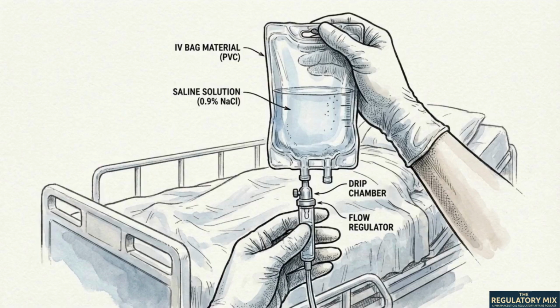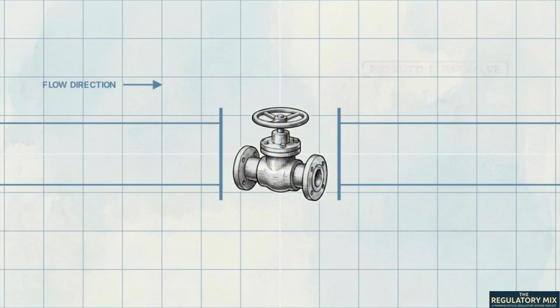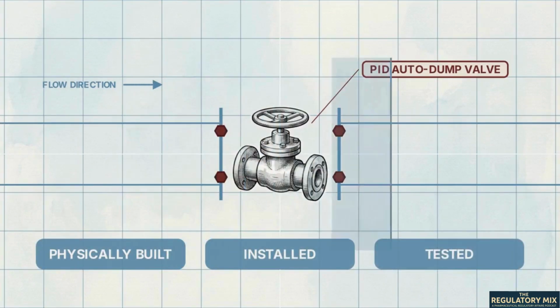GMP risks are specific hazards that directly or indirectly impact the final quality of the product, and by extension, patient safety. The central problem for the quality assurance engineer is translating these abstract GMP hazards into concrete hardware requirements that can be physically built, installed, and tested.